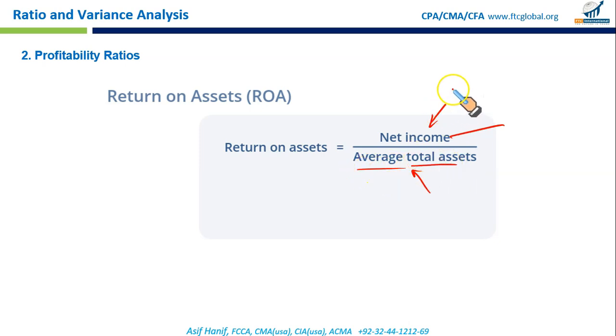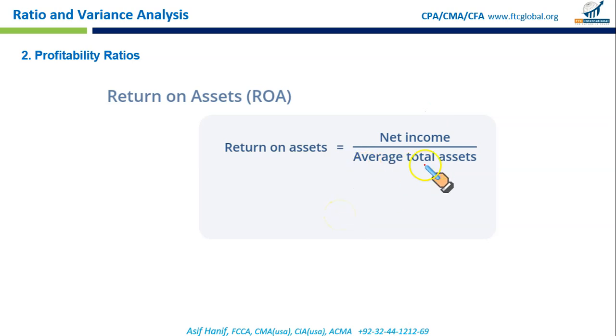If it's net income for the whole year, average total assets must be the beginning and ending balance divided by 2. If your net income is for the quarter, then use assets at the start of the quarter and assets at the end of the quarter divided by 2. That is to make them more comparable.